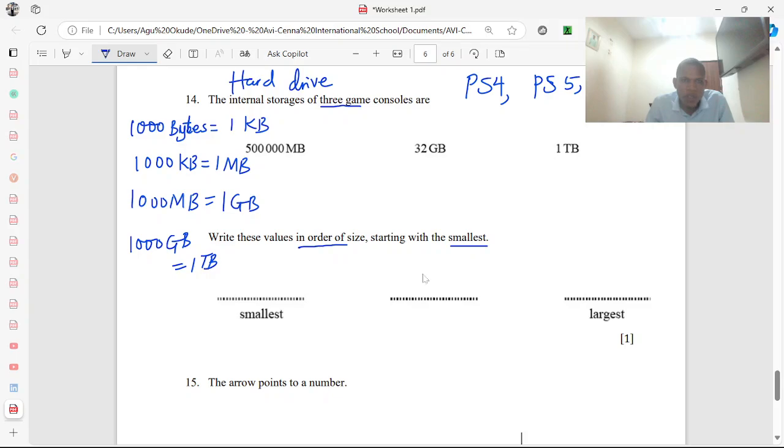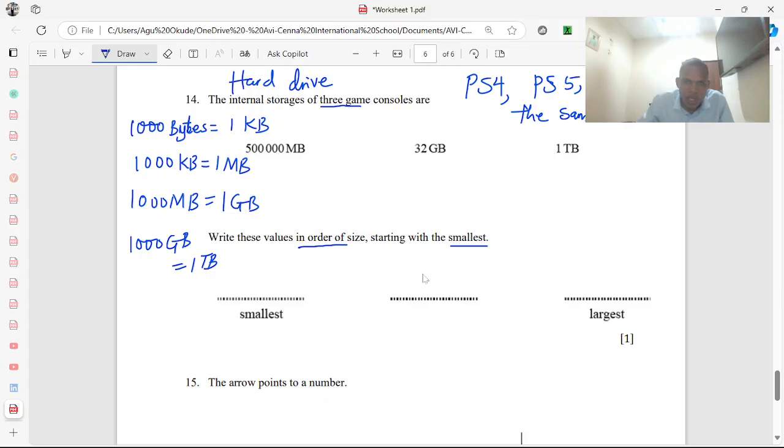Now, for us to compare these hard drives, I must make sure that they are all in the same unit. Which means I have to convert all of them into the same unit. So let's choose, I'm going to convert all into gigabytes. So you must make sure you convert them into the same unit. So I'm using gigabyte.